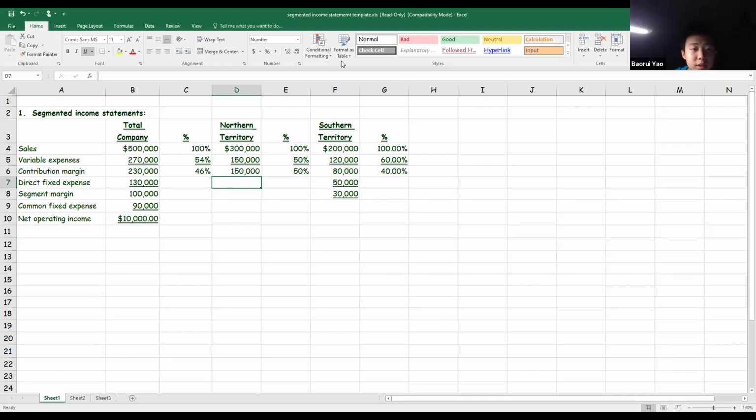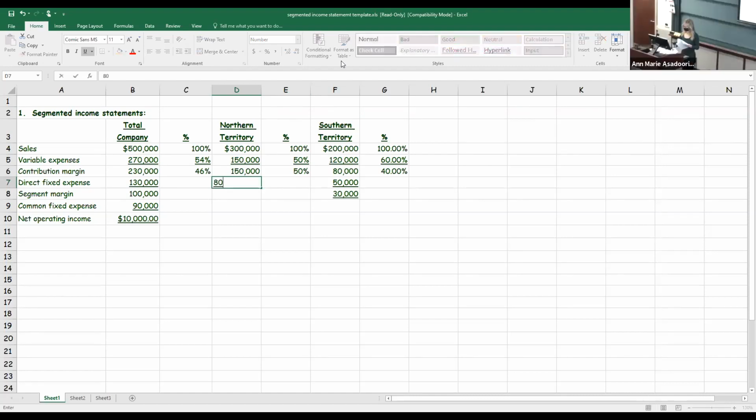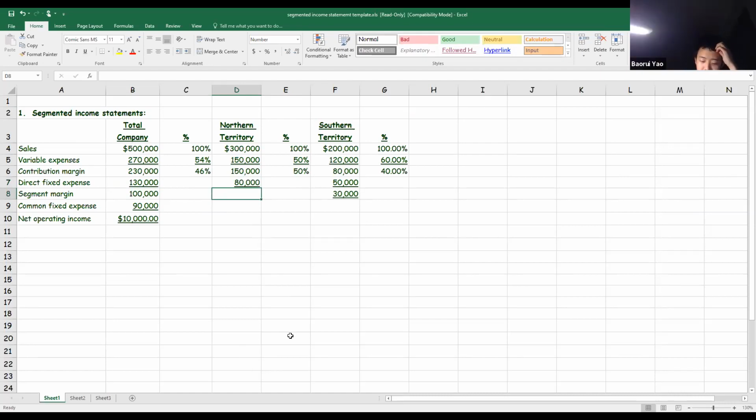Yeah, the direct fixed expense for the North Territory is 80,000. Yes. Has to be if this is 130, which is the total. And then Andy. It'll be 70,000. Okay.